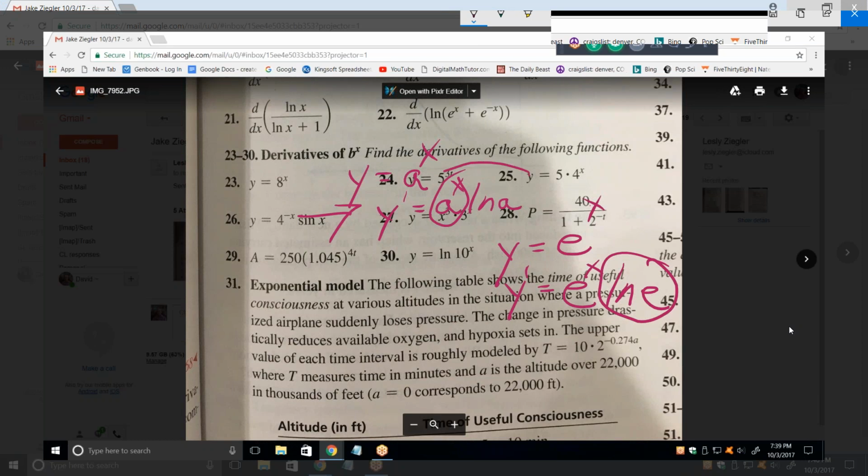So this shows me that I have remembered the formula right. This has always been a hard one for me to remember, just because you don't do numbers other than e that often. So what's y prime here? For 23. Would it be just natural log of 8 times 8 to the x? Yep.